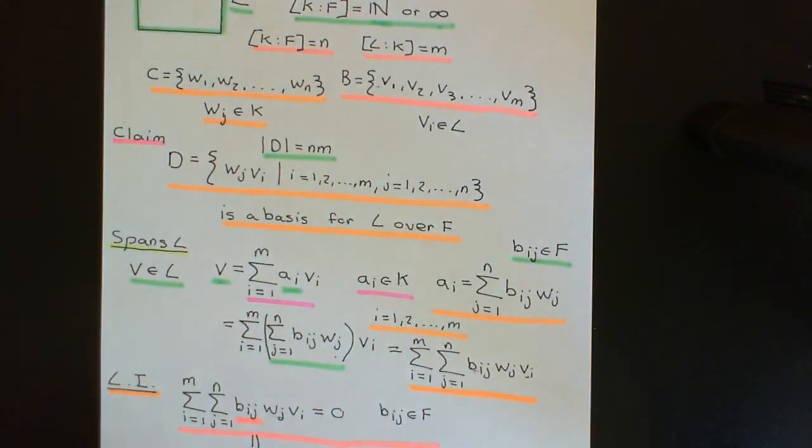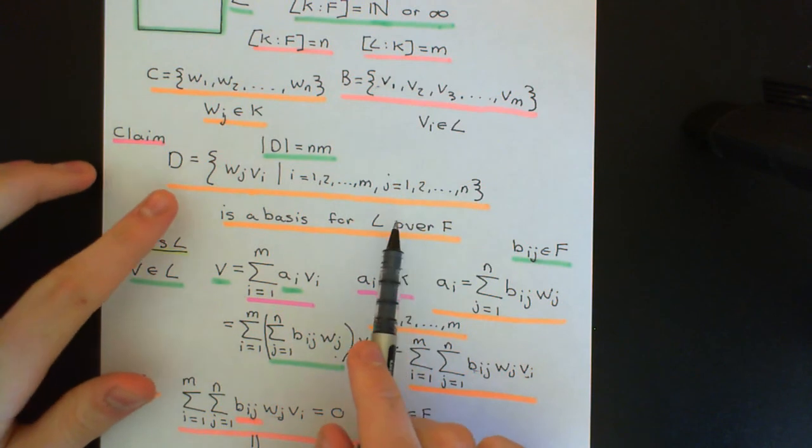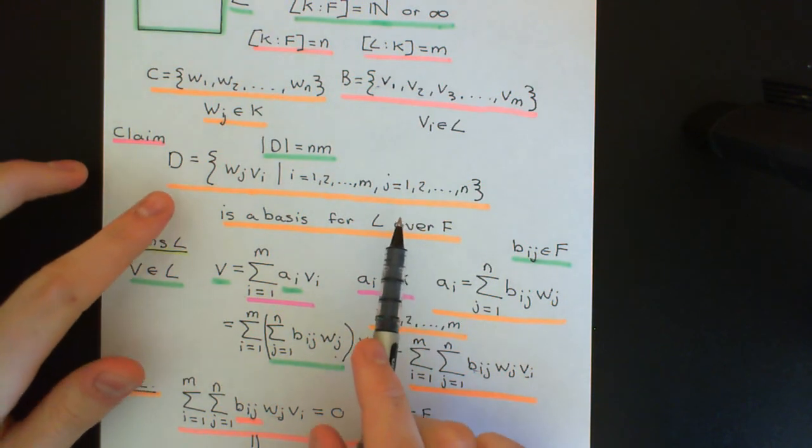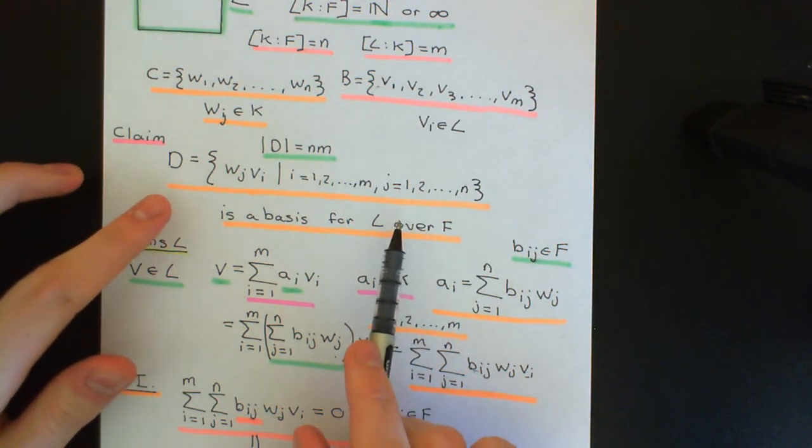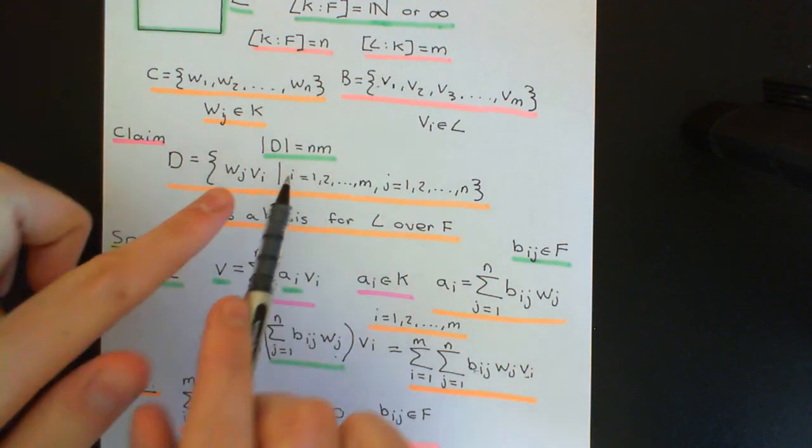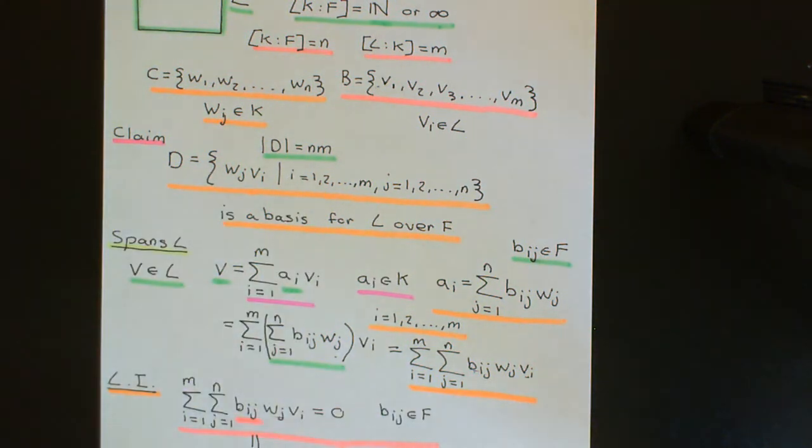So indeed, we now have shown that this set of vectors in the largest field L is in fact linearly independent, and it also spans the entire of L, where we have these coefficients from the smallest field F. So indeed, this is a basis for the largest field L viewed as a vector space over the smallest field F, and therefore we can conclude that the dimension of that largest field extension L over the smallest field F is actually just going to be m times n.